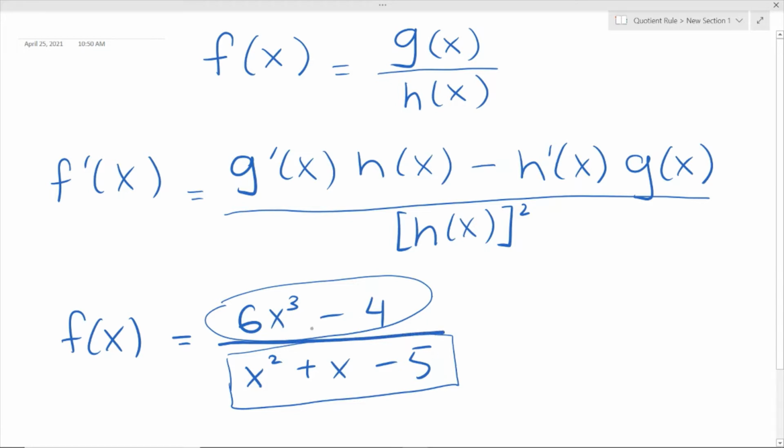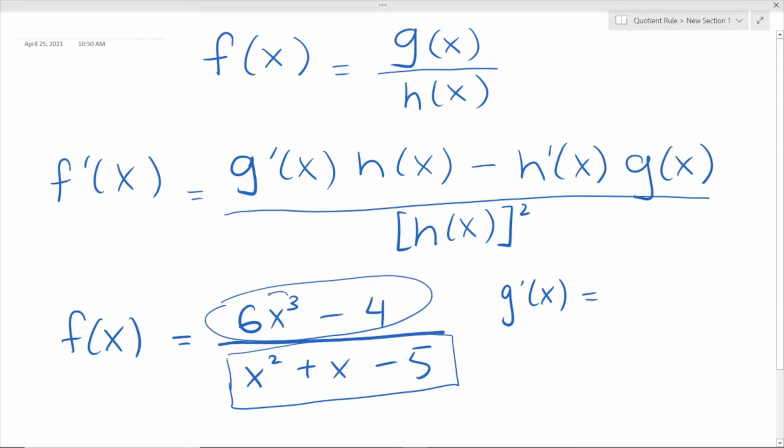So we will treat this as our g of x and this as our h of x. We have to find the derivative of the top and bottom. I'm going to find the derivative of g of x first to find g prime of x. G prime of x is going to be equal to the derivative of this numerator. We can use the power rule for finding the derivative.